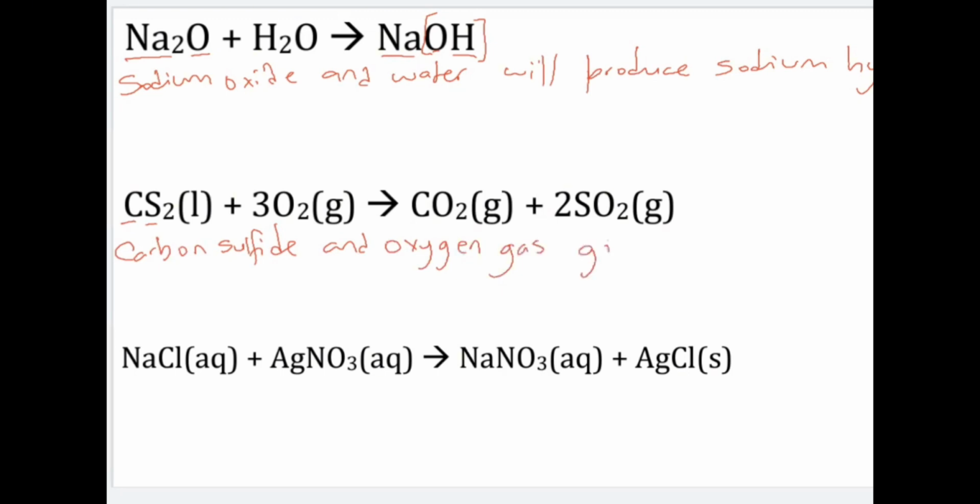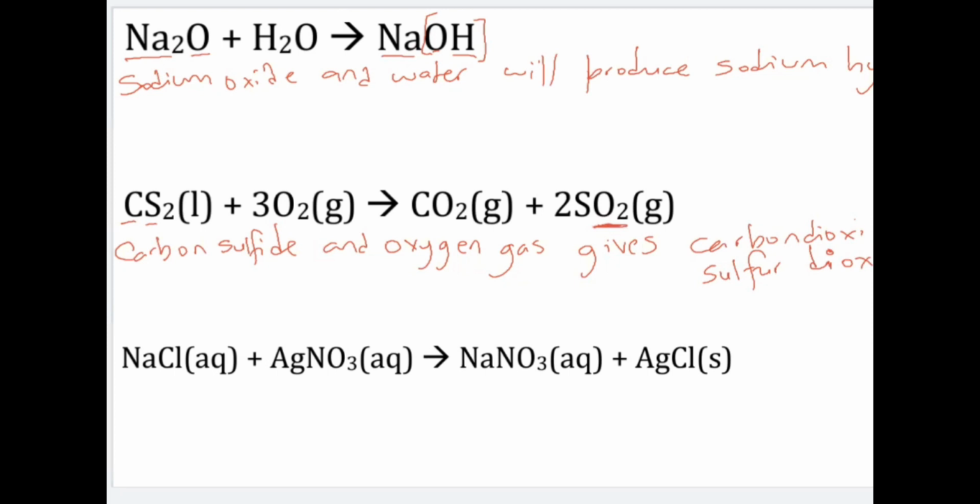And then this will give us CO2, which is carbon dioxide, and SO2, and that gives us sulfur for the S, di, because it's two oxygen, and then oxide. So dioxide means we have two oxygen there, just like carbon dioxide for CO2.